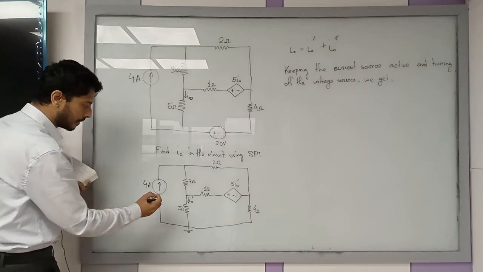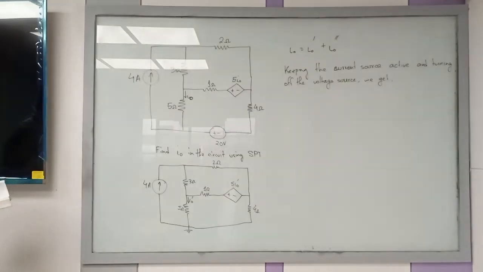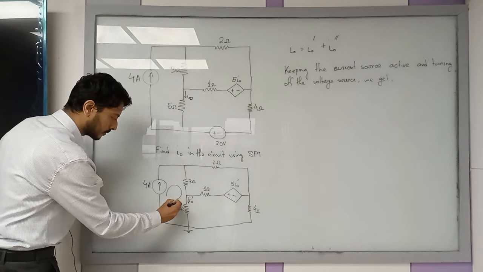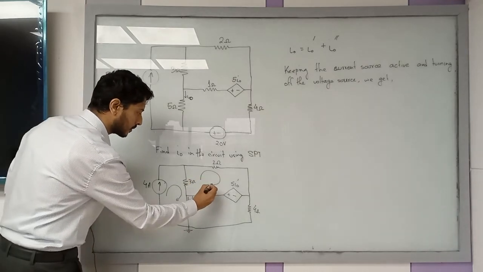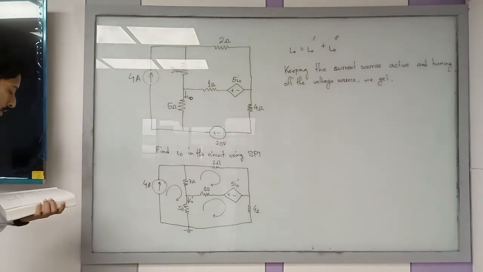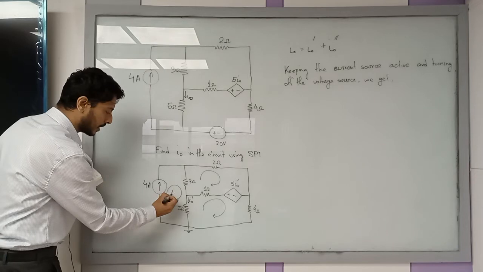So you can apply mesh analysis here. How many loops are present over there? 3. How many mesh loops? 3, right? So here is 1, here is one, and here is the other one. So you have to name all the mesh loops and name the currents.